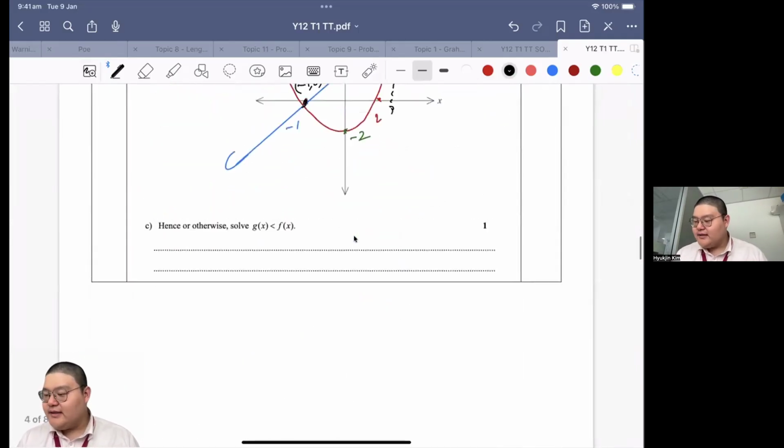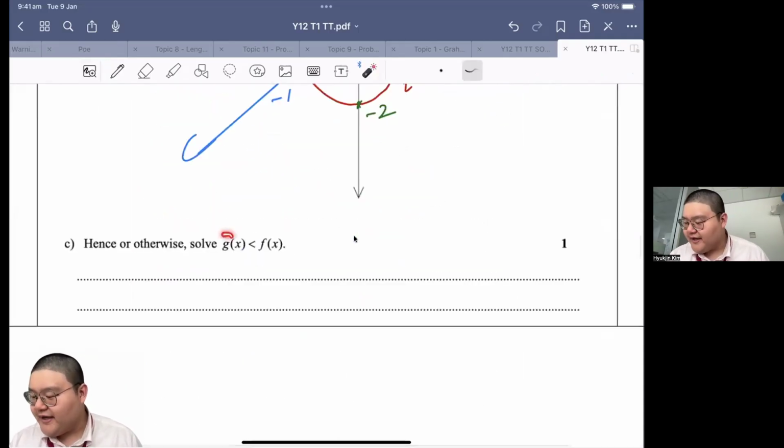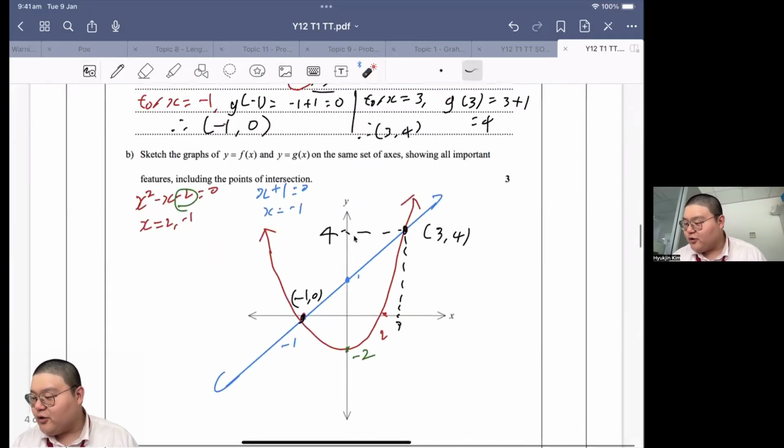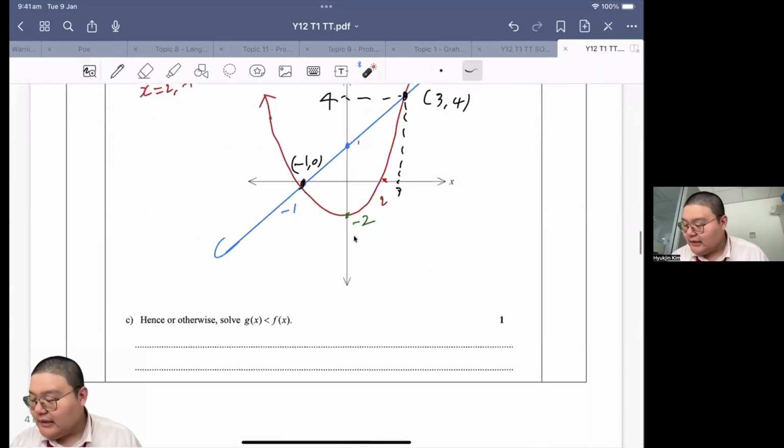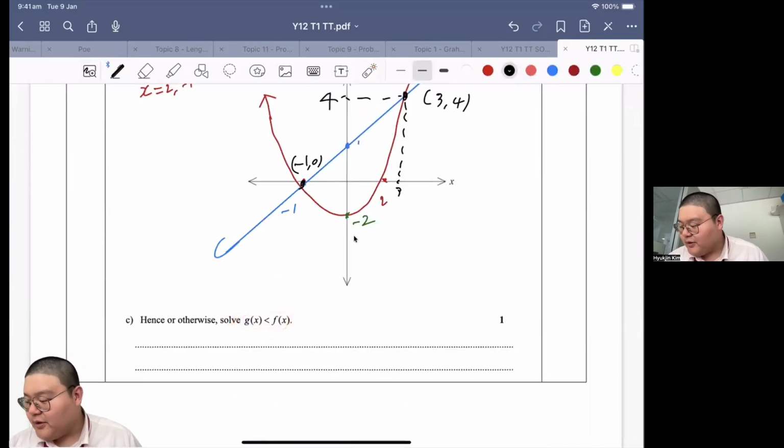Hence, or otherwise, solve where g of x is less than f of x. Well, what does it mean? We're looking for the value where g of x, which is a linear, is less than the parabola. It means the line is below the parabola.